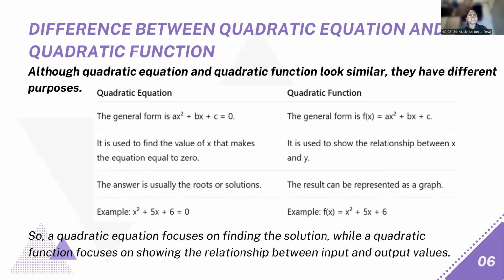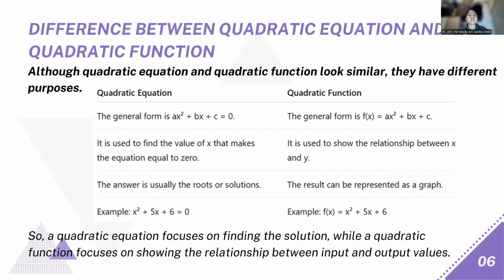And what's the difference between quadratic equation and quadratic function? At this point, you may ask, what is the difference between them? They look similar, but they have a different purpose. A quadratic equation has the form ax squared plus bx plus c equals 0. It is used to find the value of x that makes the equation equal to 0. The answers are called roots or solutions.